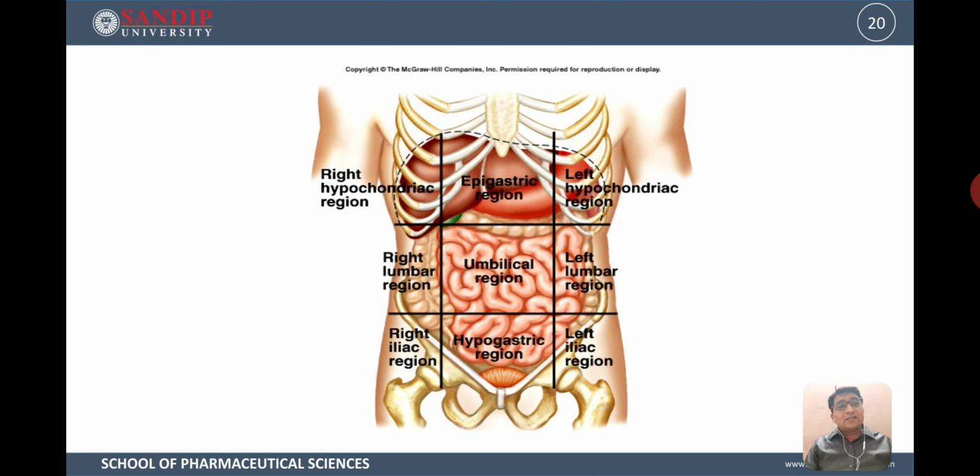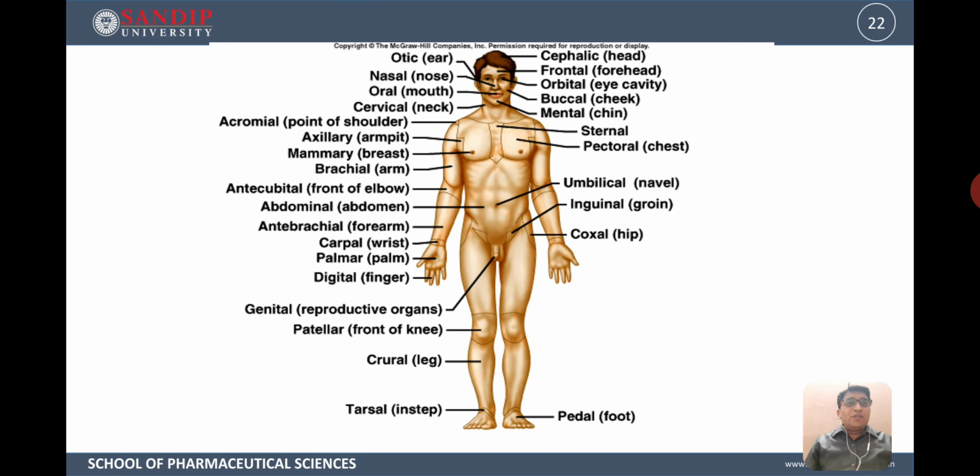These sections are important to study the organs, the systems, and the different types of processes. Then in the picture you can observe the otic, cephalic. These are only the names of your human body parts, right and left.